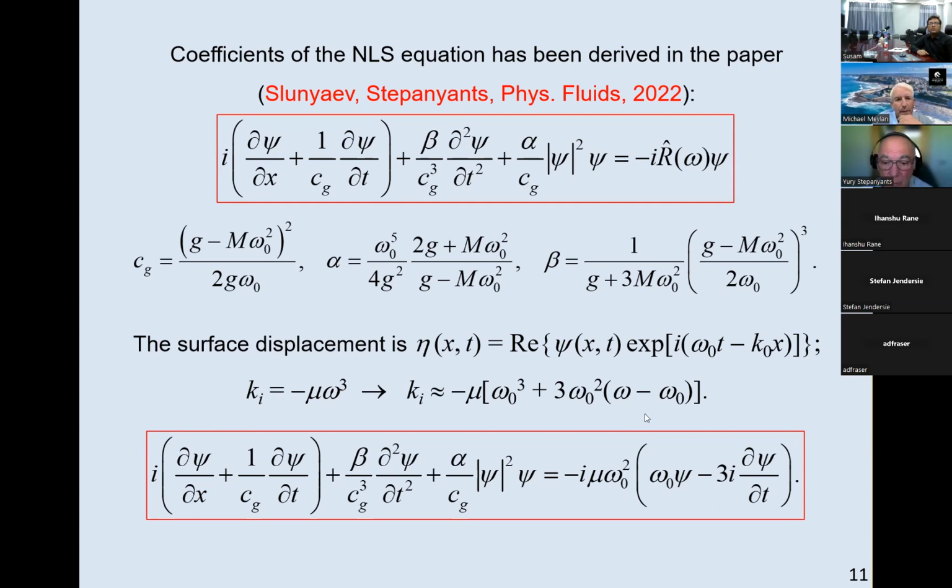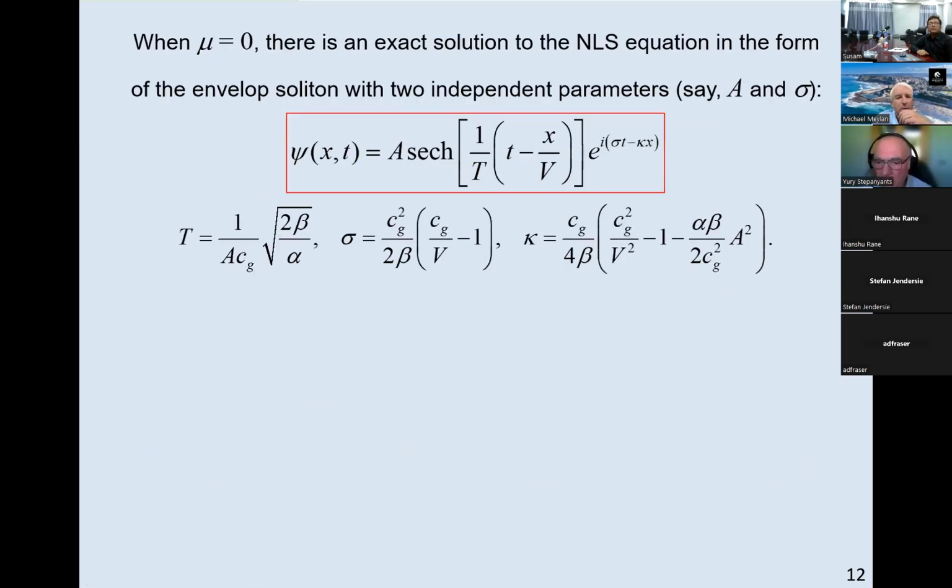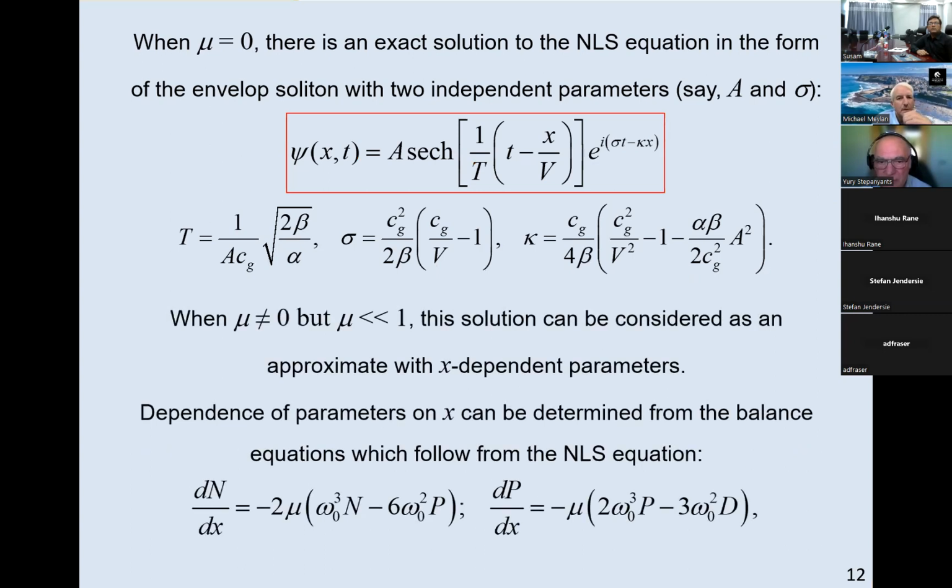Yeah. So, of course, we have to be careful, and we have to look at what the deviation of omega from omega naught is. This theoretical approach is correct only when this difference is formally relatively small. Omega minus omega naught should be relatively small.